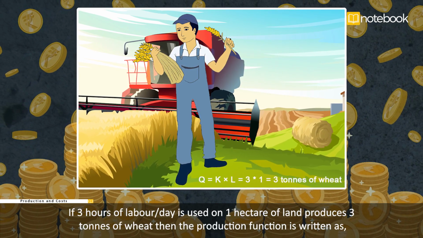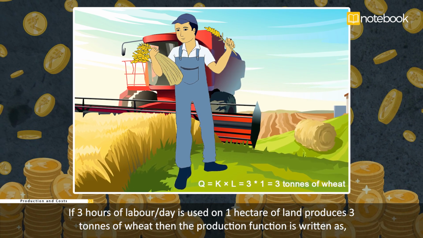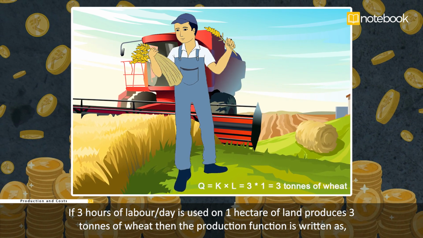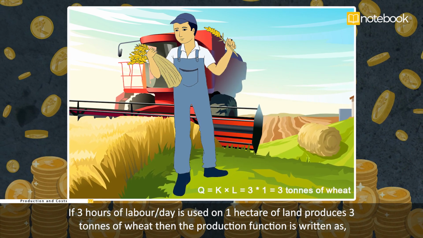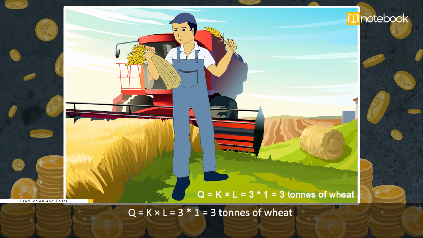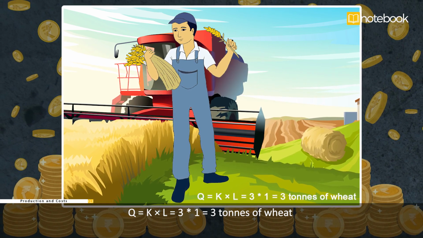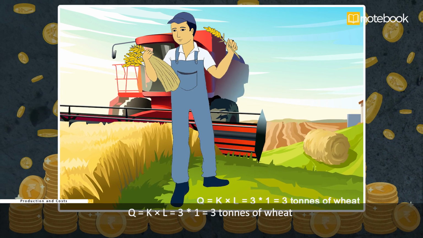If 3 hours of labor per day used on 1 hectare of land produces 3 tons of wheat, then the production function is written as Q = K × L = 3 × 1 = 3 tons of wheat.